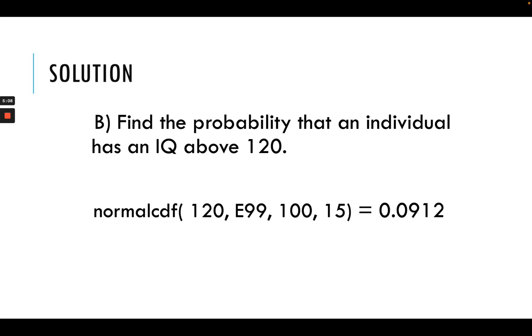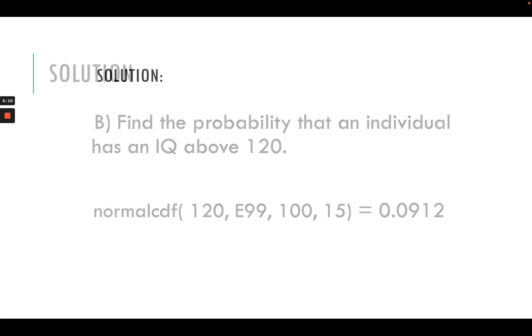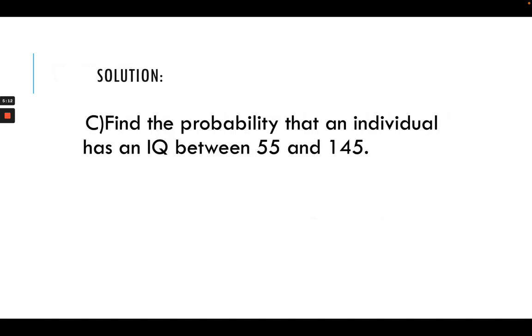And then lastly, let's look at C. Find the probability that an individual has an IQ between 55 and 145. And so here on our curve, we have 55, we have 145. You're looking at everything in between those two values there.